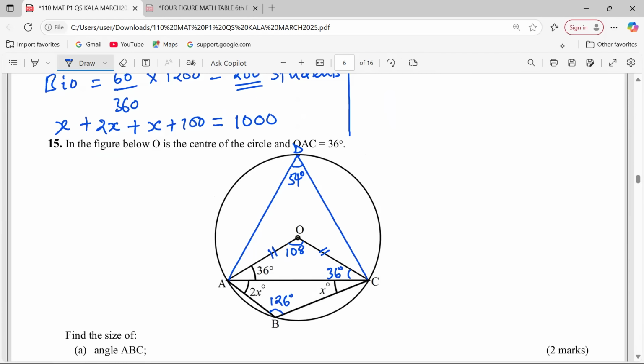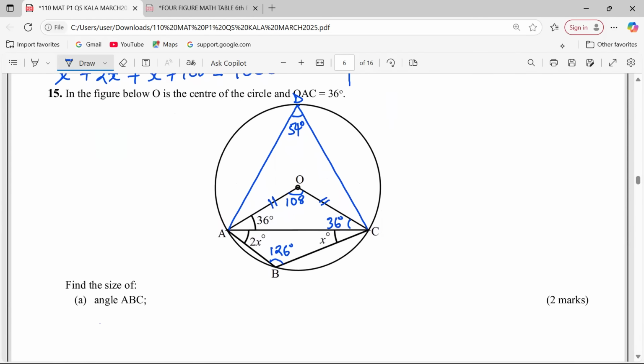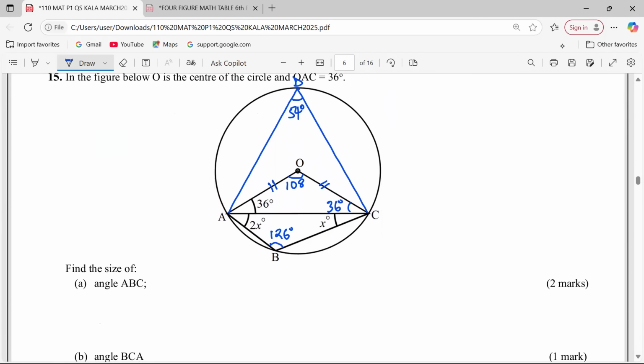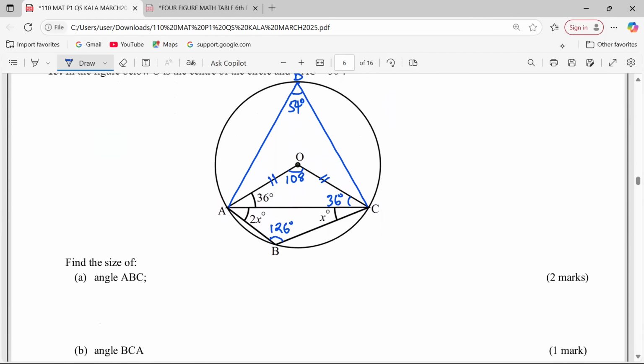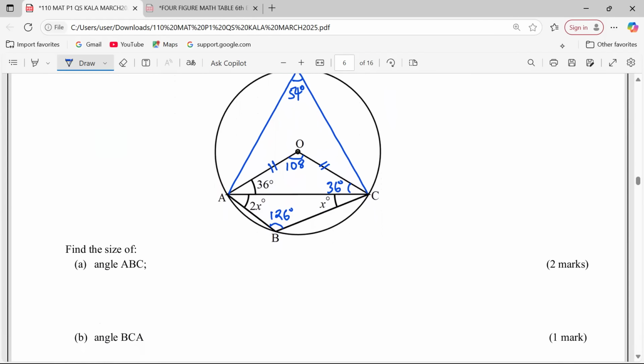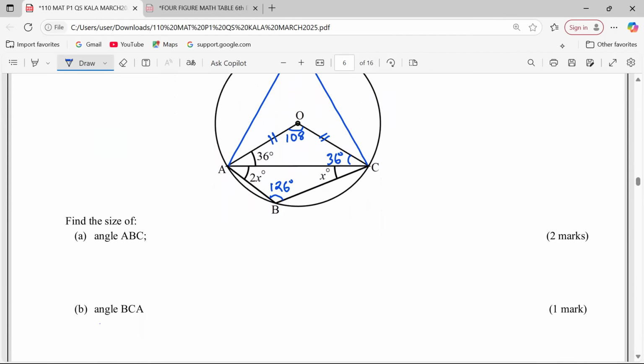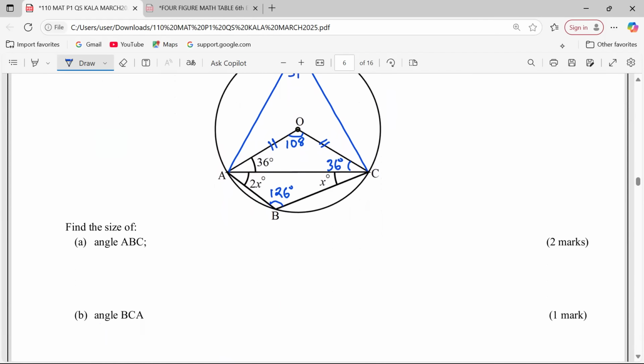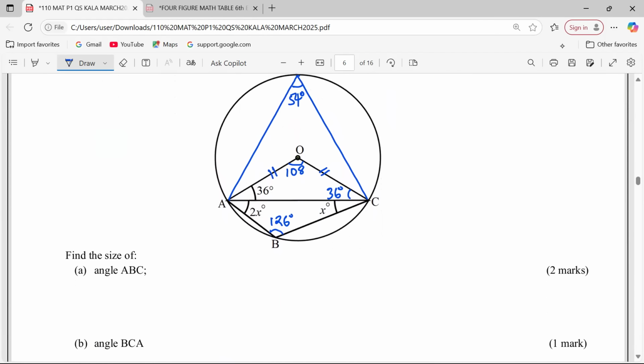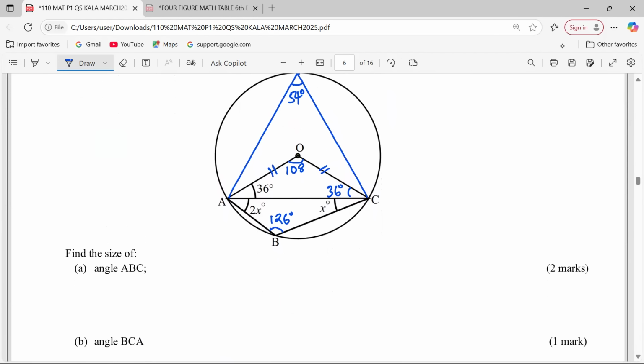I'm using angle properties of a circle that way. If that angle is 126, let me check the angles we were finding. I'm just filling angles there, but I had not checked the specific angle that we are finding. ABC. The angle ABC means the size of 2x, in other words.